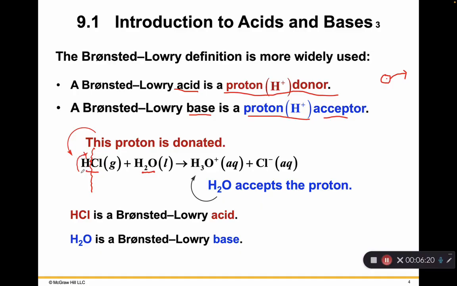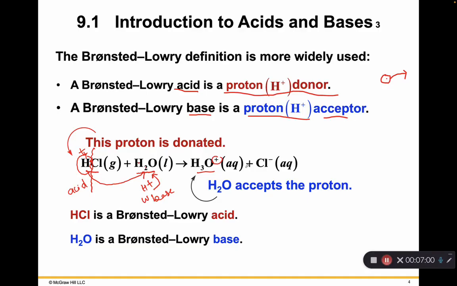So the proton, H plus, is donated, and that H plus is accepted by liquid water. After you add H plus, the formula of water becomes H3O, with a plus charge. So water accepts the H plus, so we call water here a base. And since HCl gives away the H plus, we call it an acid.